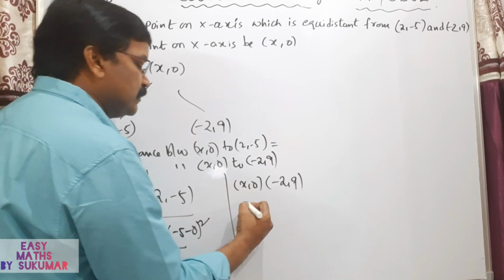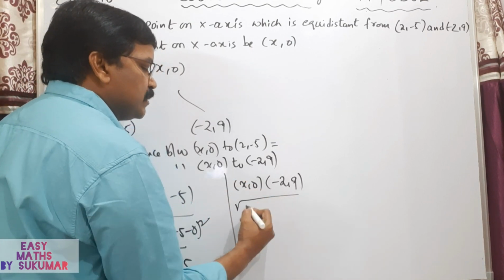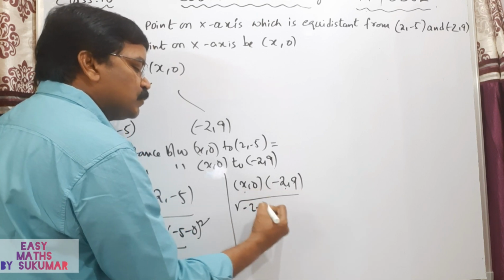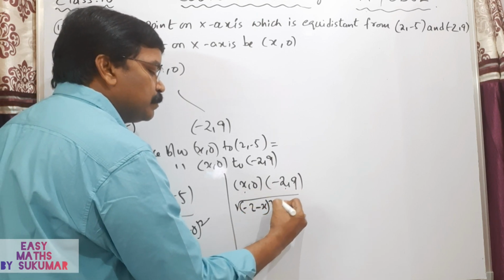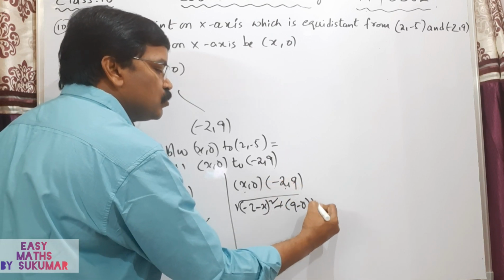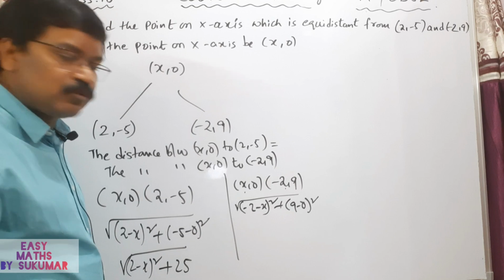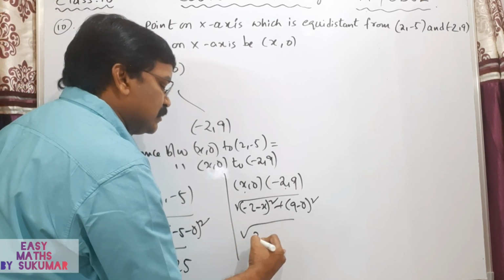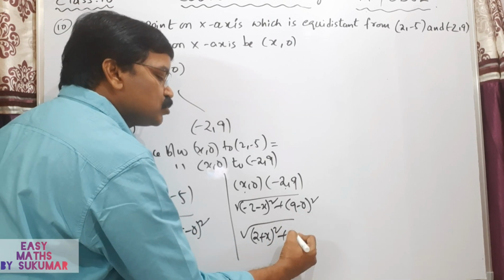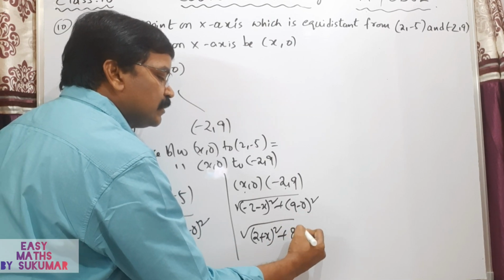Okay, similarly here this is -2 minus x. (x2 minus x1) whole square plus (y2 minus y1), that means (9 minus 0) whole square. So (-2 minus x) whole square means just it is (2 plus x) whole square plus (9 minus 0) whole square is 9 square, that is 81.